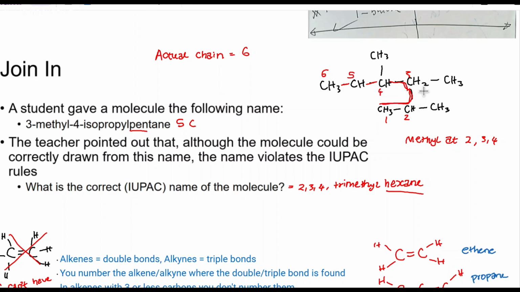It's connected to 3 methanes, which is 1, 2, and then 3. That's why it's tri. If it has multiple substituent groups of the same kind, you add di or tri, since there are 3 methanes and methanes are all the same. It's trimethyl. And then you number where they are. This is 2, 3, 4. And we started here, because if we started the other way, they'd give us higher numbers. So we start where it will give us lower numbers, which is 2, 3, 4.